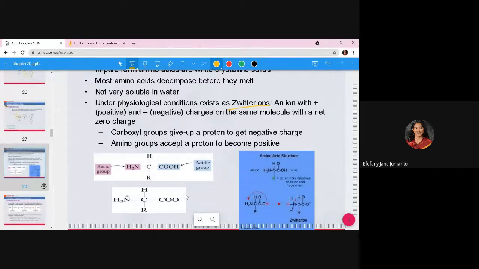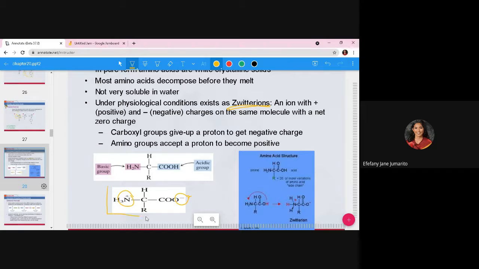It means that your positive and negative charge coexist in an amino acid. So if the positive and the negative charged species coexist in an amino acid, it is in zwitterion form.